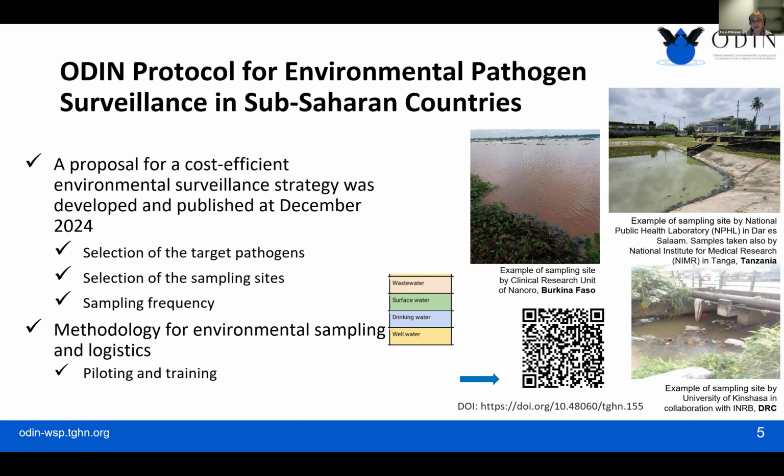In these pictures, you can see photographs from the sampling sites, and those are the sampling sites that our consortium partners in Tanzania, Burkina Faso, and DRC visited monthly to take samples for the analysis.